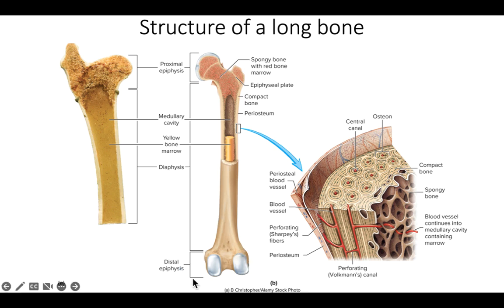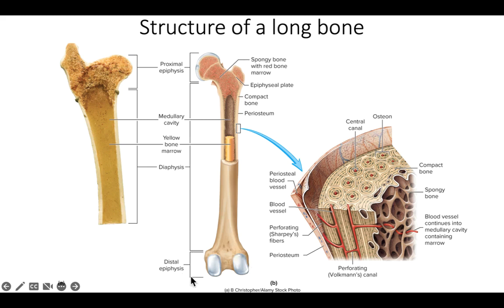The ends of the long bones are called epiphyses. That's plural, or an epiphysis. So this would be the proximal one, because it's closest to the attachment, which it actually forms with your hip. So this structure here is known as the proximal epiphysis of this long bone.